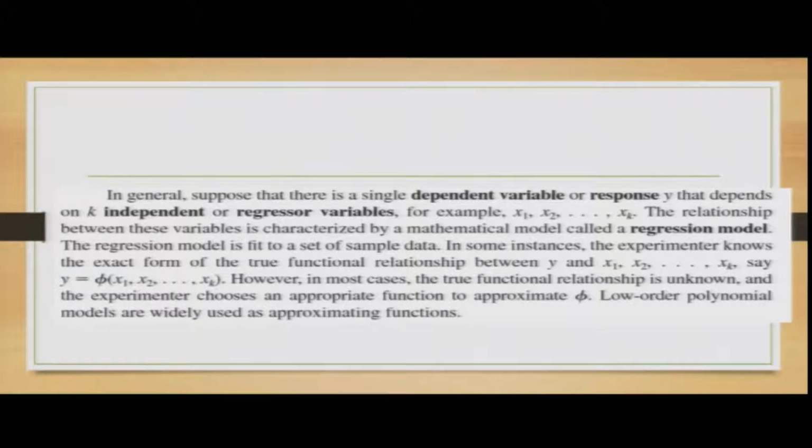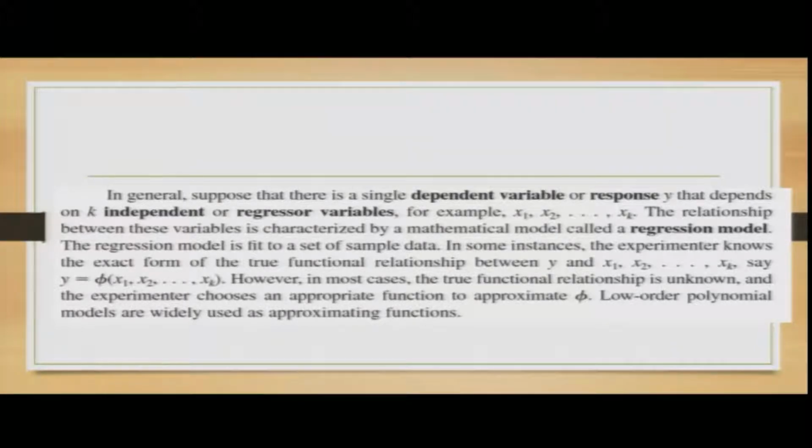In some instances, the experimenter knows the exact form of the true functional relationship between y and x1, x2 till xk, given by y equal to some function of x1 to xk. However, in most cases the true functional relationship is unknown and the experimenter chooses an appropriate function to approximate it. Low order polynomial models are usually utilized to find the best fit.